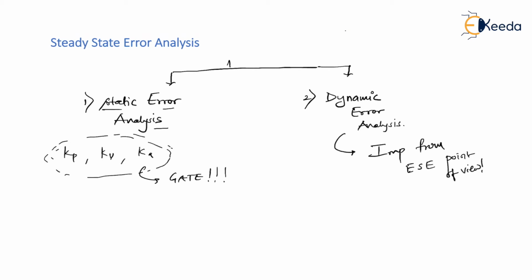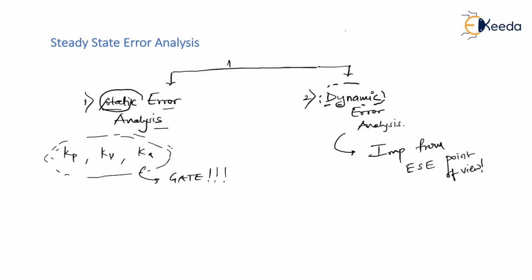To understand the difference between static error and dynamic error, you have to take the literal meaning of static and dynamic. Am I right? Static literally means something which remains stationary or doesn't change, and dynamic is something which is going to change.